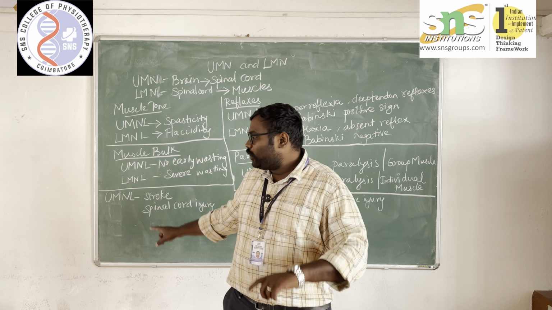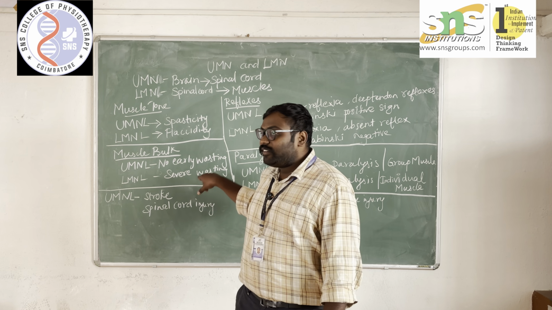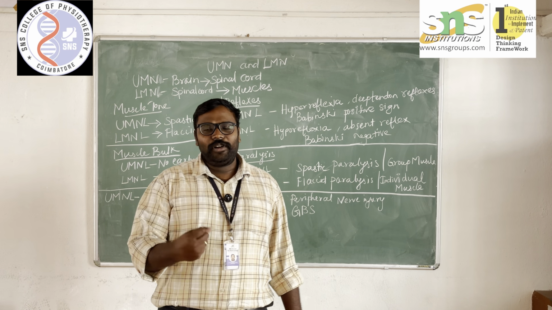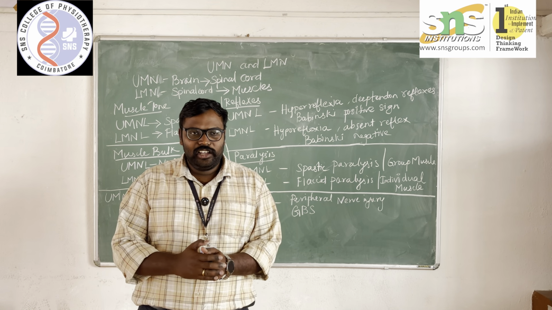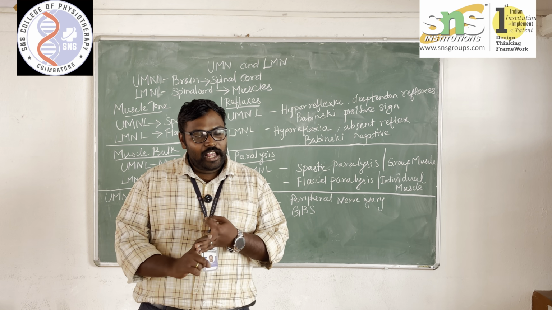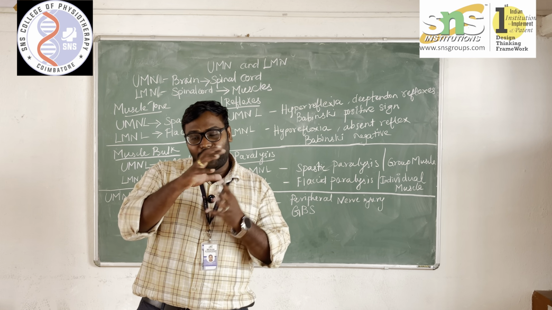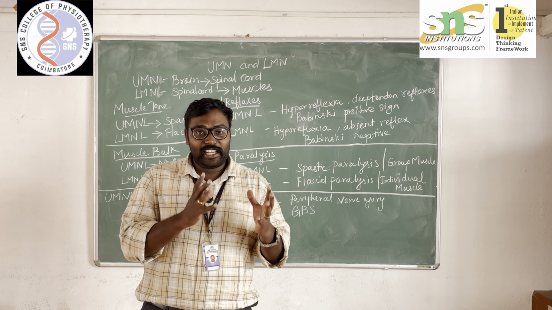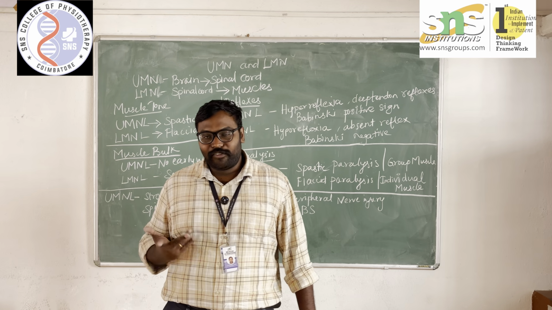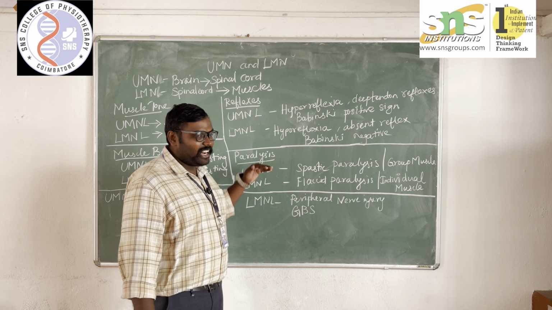Comparatively, in LMN, severe wasting at the early stage is most common. Where can we check the muscle bulk? The biceps, triceps, calf muscle, quads and hamstrings. These are the major areas where we can physically find visible muscle bulk wasting. Now going for the last one, paralysis.